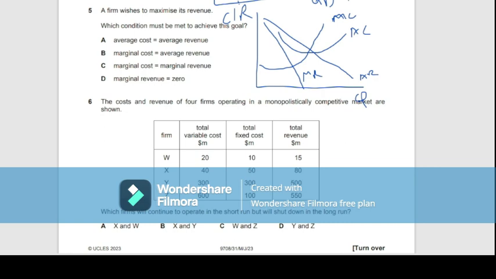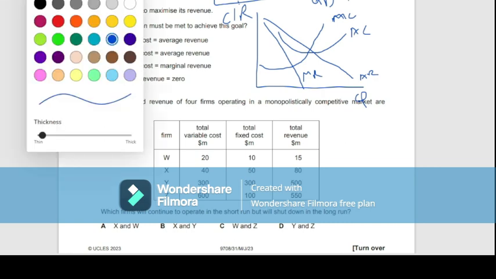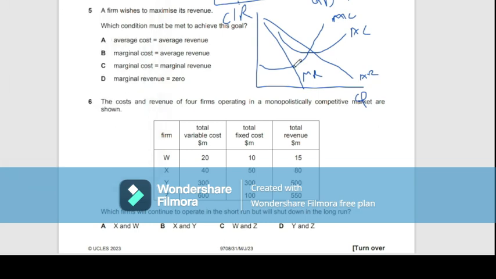Where the marginal cost curve meets marginal revenue curve, the firm will be profit maximizing. So at this point, output Q, the firm is a profit maximizer. So profit maximizing will be where MC is equal to MR. So this is profit maximization.